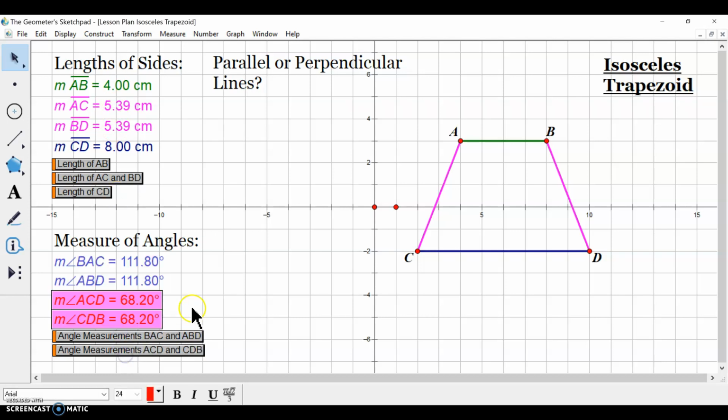And we can also see that the bottom two angles, angle C and angle D, have the same measure, and so do the top two angles, angle A and angle B. So from this, we can conclude that isosceles trapezoids have one set of equal sides and two sets of equal angles. And we can also see that just like a regular trapezoid, it also has one set of parallel lines.